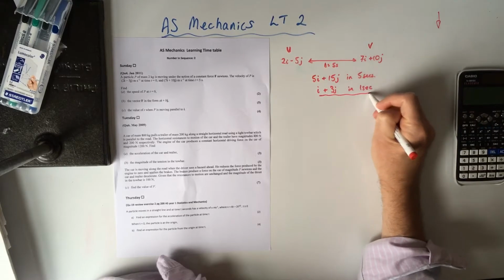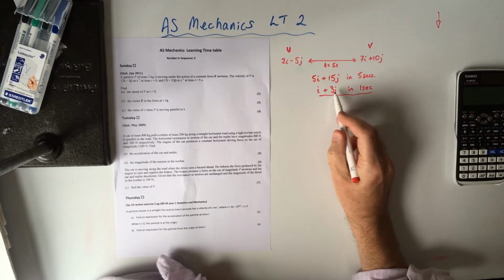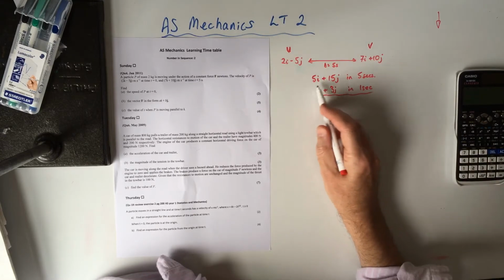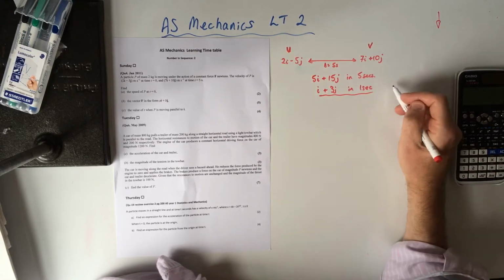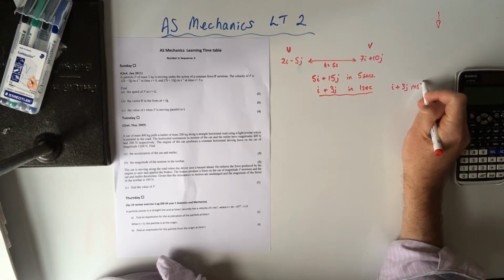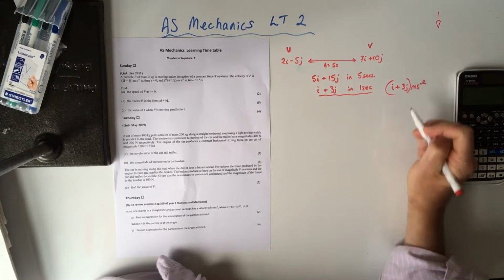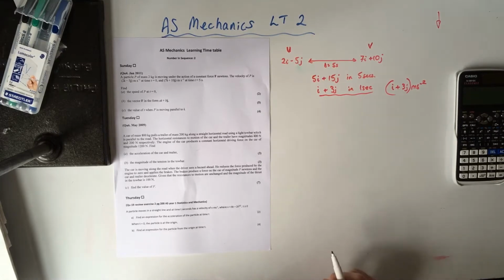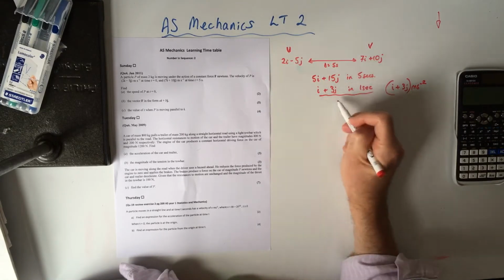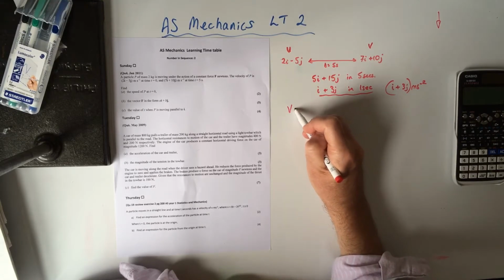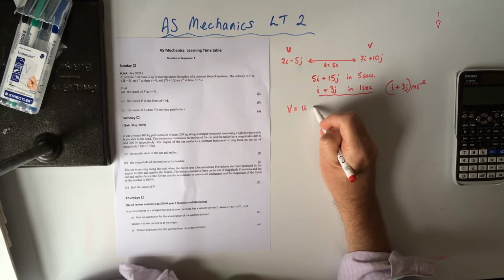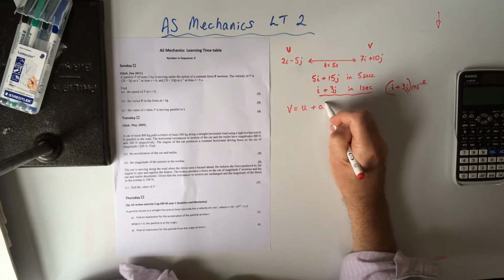And of course, the way that the velocity is changing per every second is the acceleration. So the acceleration is i plus 3j meters per second squared. Okay, so there's your acceleration. Another way of doing it is to use Newton's formula. The velocity is equal to the initial velocity plus the acceleration times time.